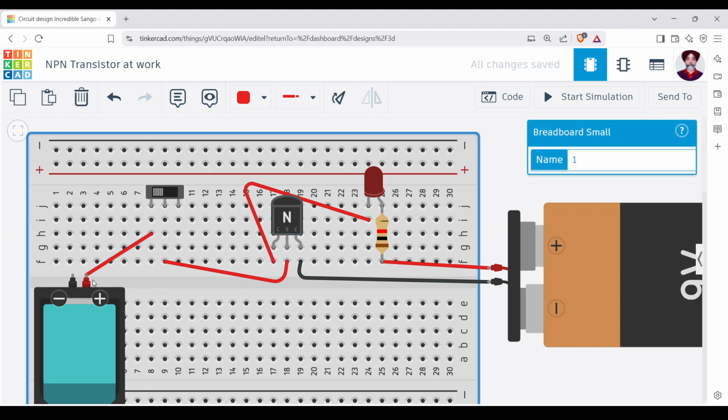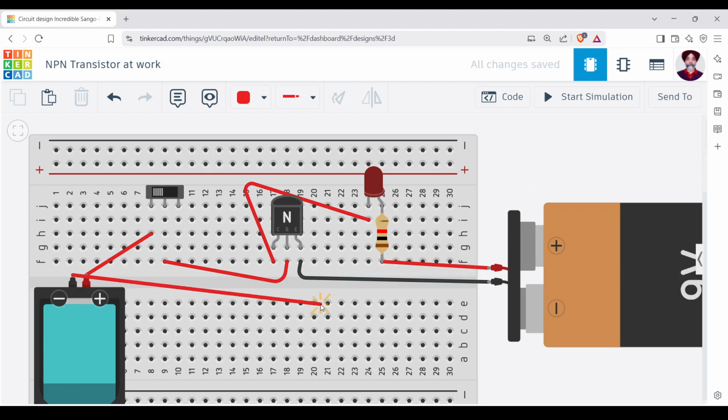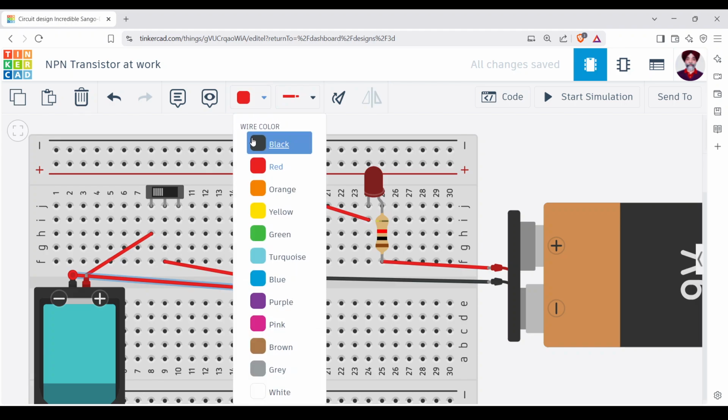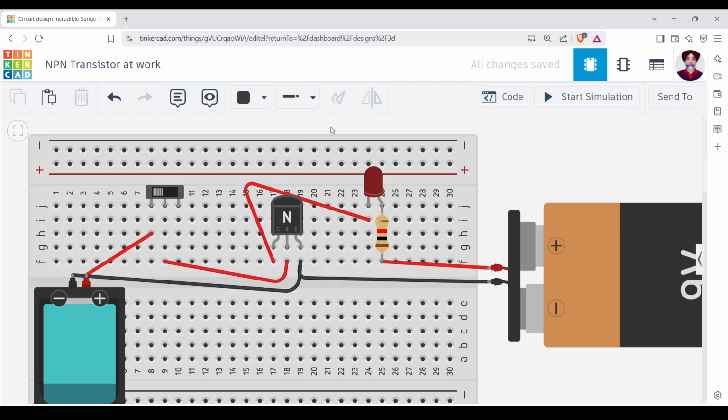So that means now the positive from this battery is going through the switch to the base. The negative of both the batteries should be connected together. I told you if you have two circuits and both of them are having different batteries, the ground of both the batteries are supposed to be connected together.